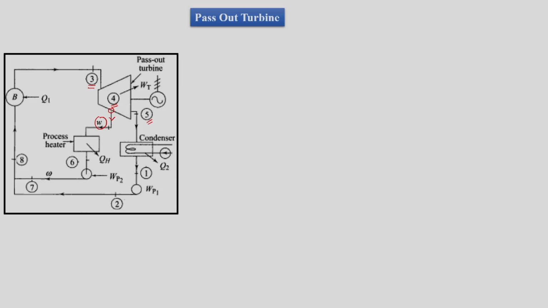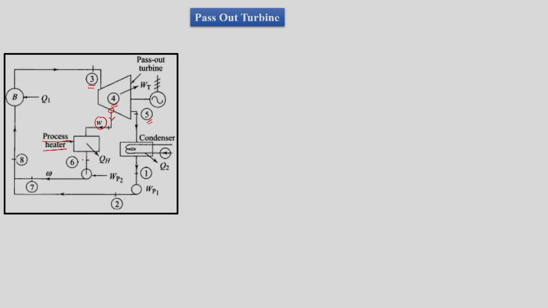So if we want steam at 2 bar, we take the extraction at 2 bar. If we want steam at 5 bar, we take the extraction at 5 bar. So state 4 depends upon the saturation temperature required for the heating process, and this steam is used in the process heater, which in the earlier case we used in the feed water heater to heat the water supplied to the boiler.